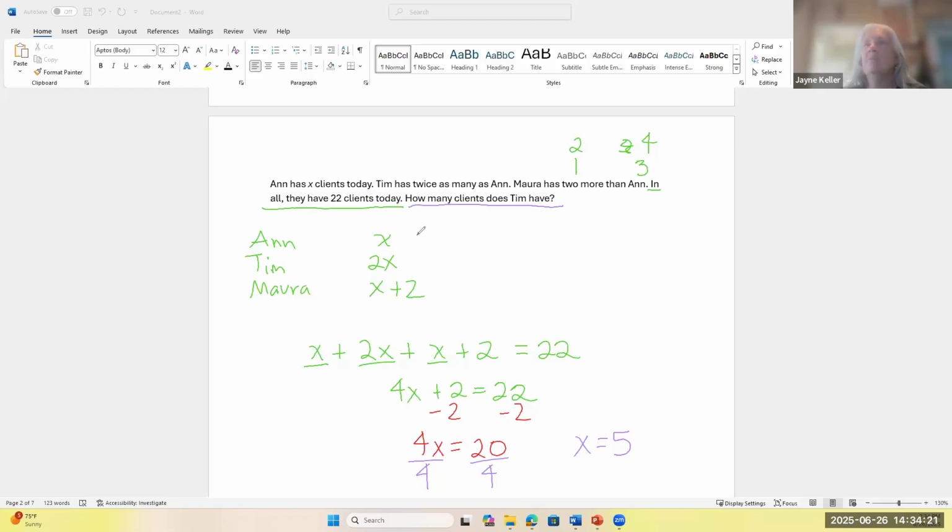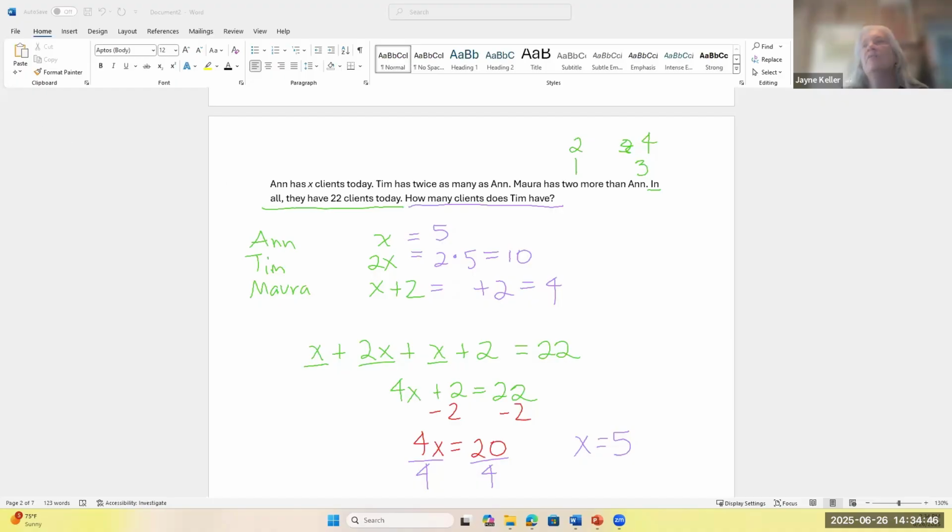So if x is 5, that means Anne has 5 clients. And Tim has 2 times 5, which is 10. And then Mara has, oops, x is 5. Better get that right.